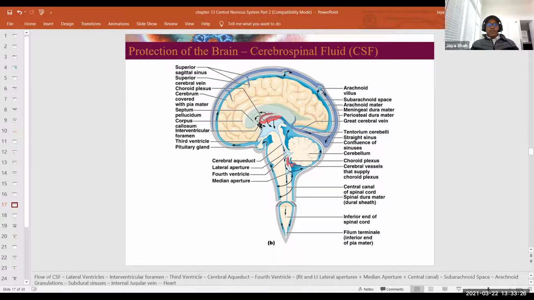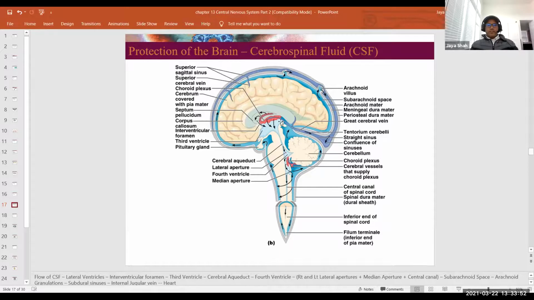In the lateral ventricle, when it is produced, you see here through the interventricular foramen, this arrow, from the lateral ventricle it comes to the third ventricle from the right side of the brain. In the third ventricle, you see this pinkish structure, where ependymal cells are filtering and putting fluid into the third ventricle. So the third ventricle makes CSF itself, plus it gets it from the lateral ventricle.